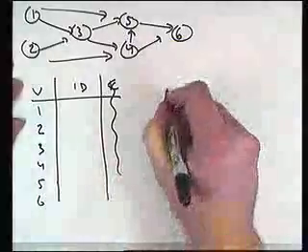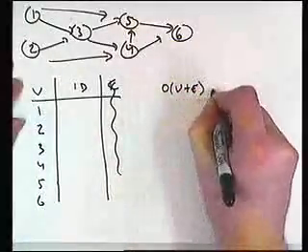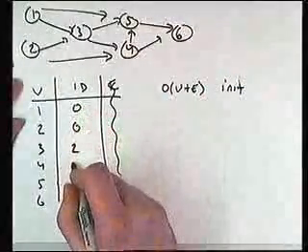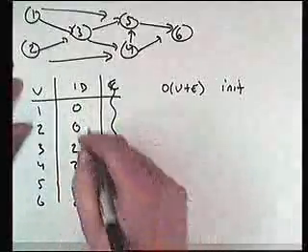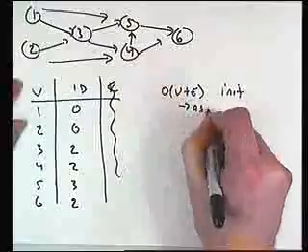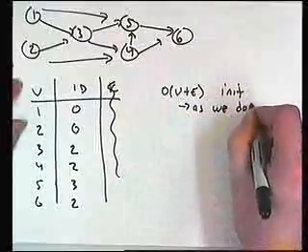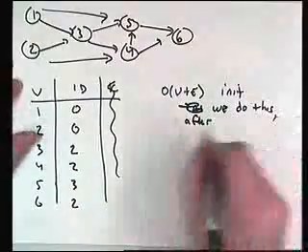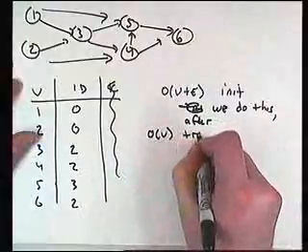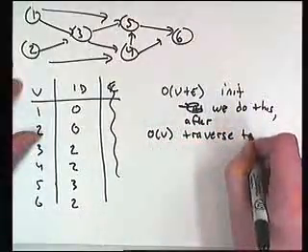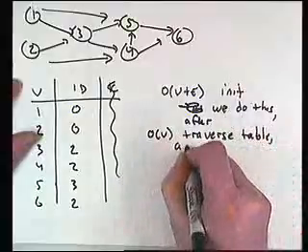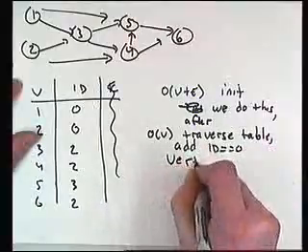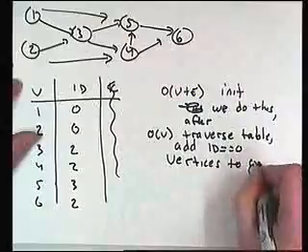Do our initialization, which we said before was order v plus e time in the worst case, to do the initialization of traversing the adjacency list structure and finding out all the initial in degrees. And what we'll do, I should even say after we do this, we take order v time, traverse the table, add in degree 0 vertices to a queue.